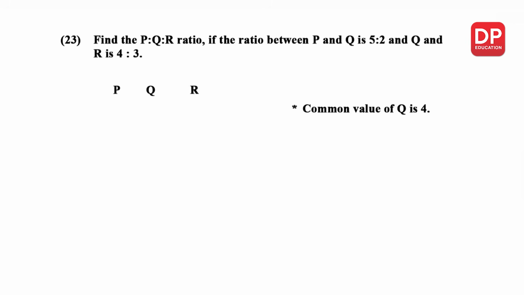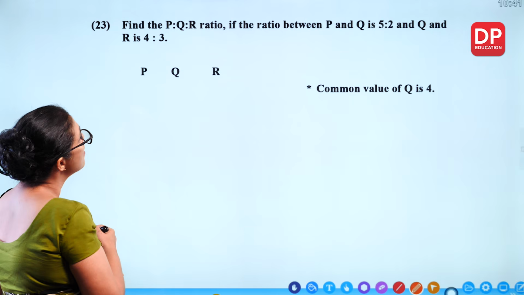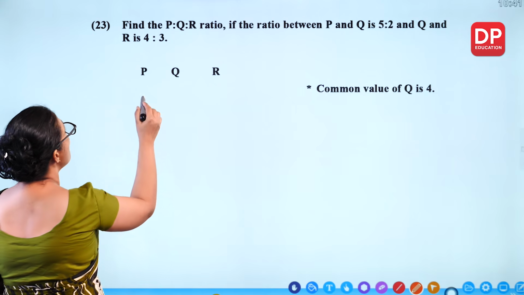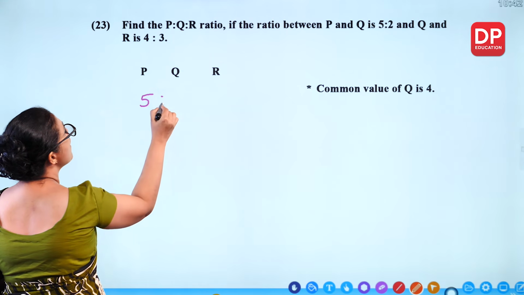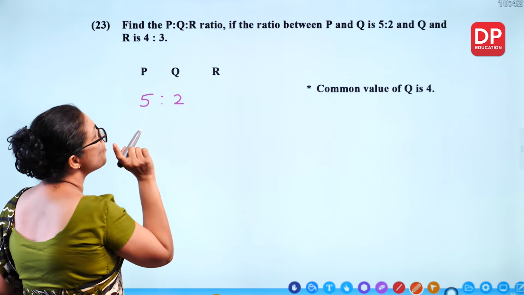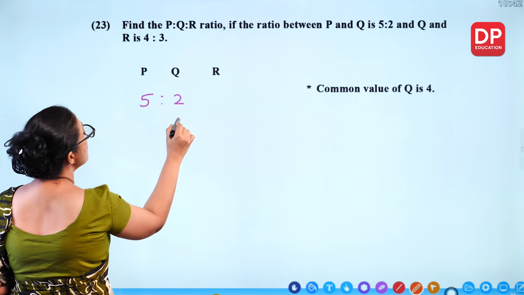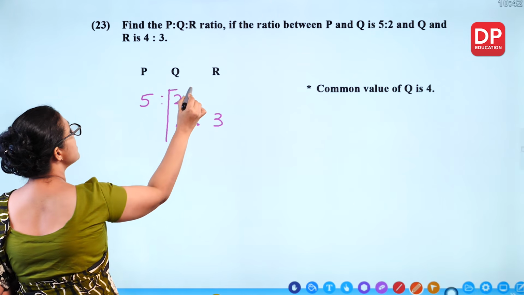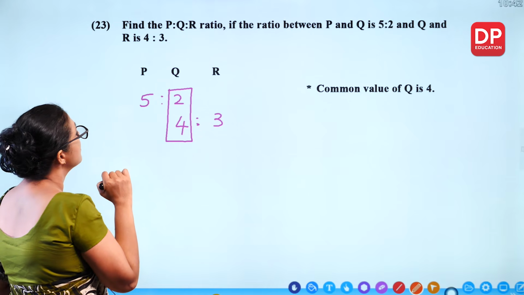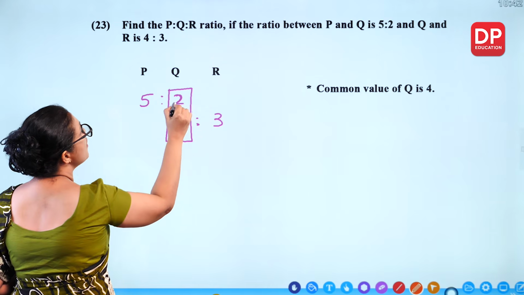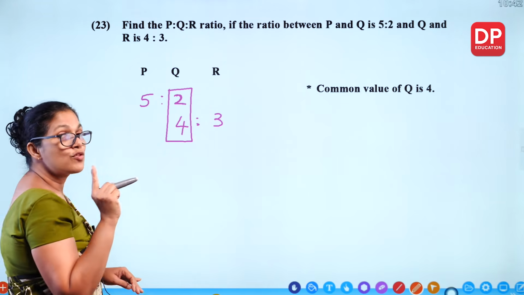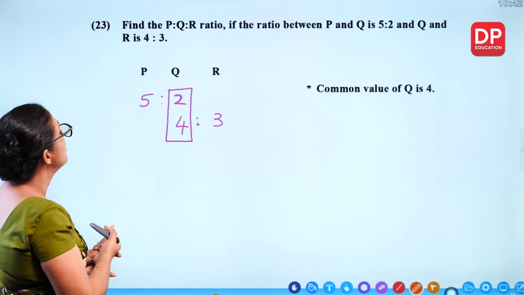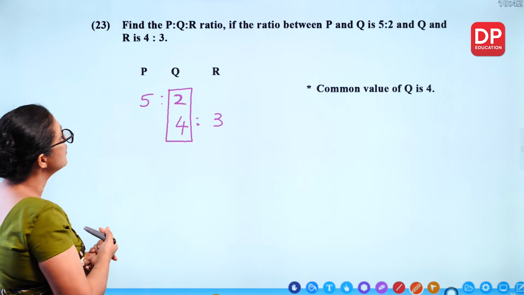Find the ratio P to Q to R. If the ratio between P and Q is 5:2, and ratio between Q and R, 4:3. Now this is the common one. Now you have to make it to the same value. So common value of Q. What's the common value?